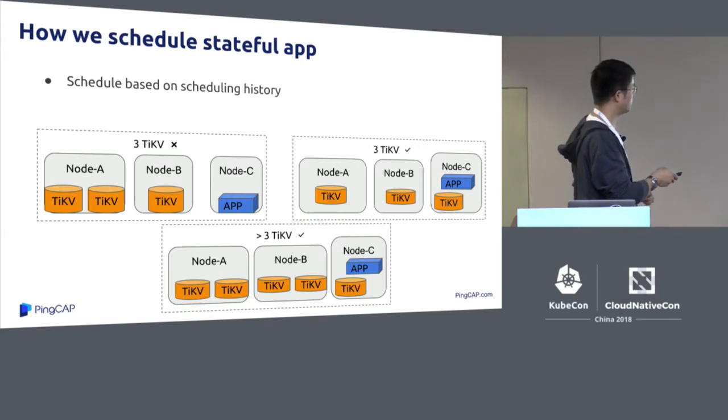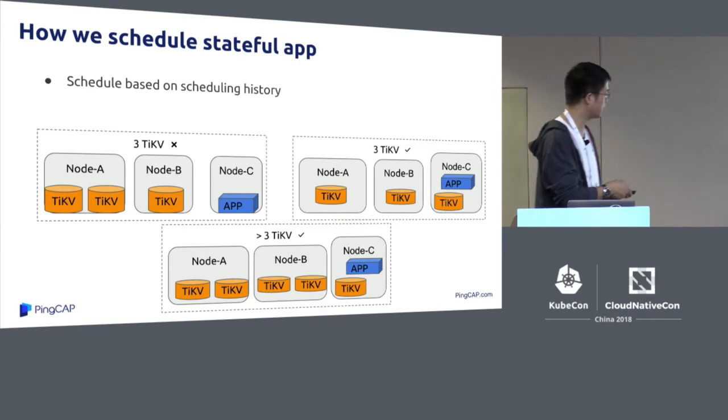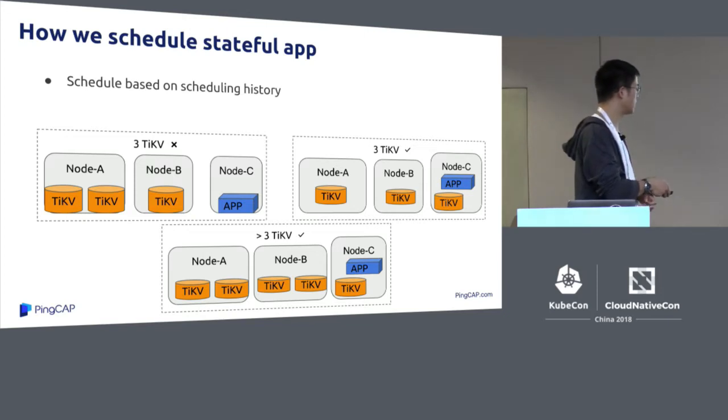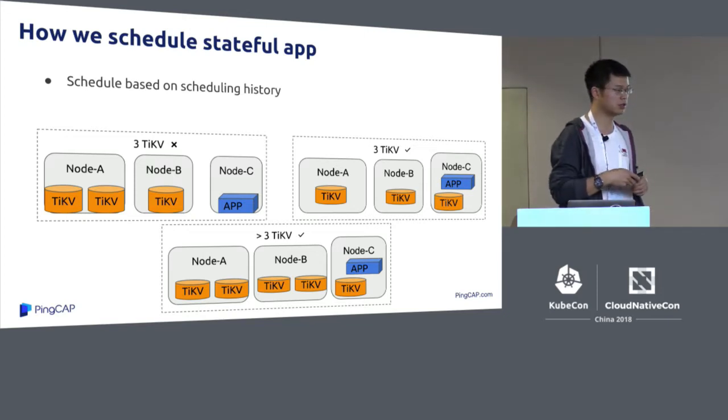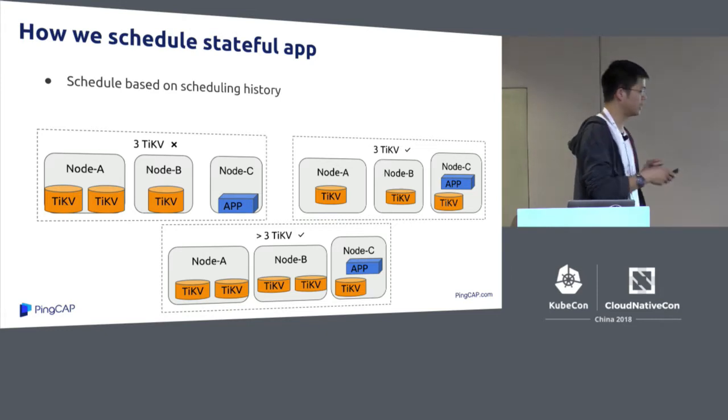But if we deploy more than 3 TiDBs, we can have this. This is acceptable since TiDB itself has labels, just like Kubernetes labels.